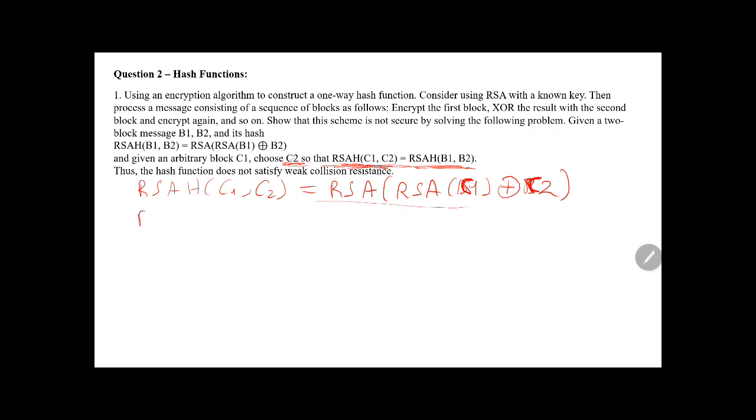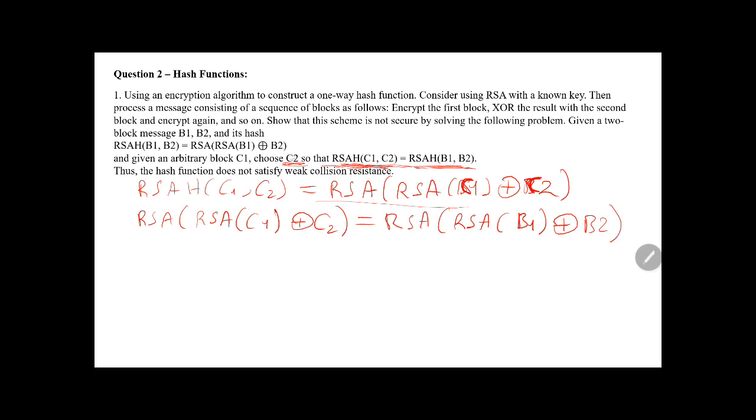The equation for RSAH of C1, C2 is this one here. So we can type RSA of RSA of C1 XORed with C2, and this should be equal to RSA of RSA of B1 XORed with B2. Now let's try to solve this, and we know that we should have C1, B1 and B2 as inputs, and we want to get C2 such that this equation is satisfied.